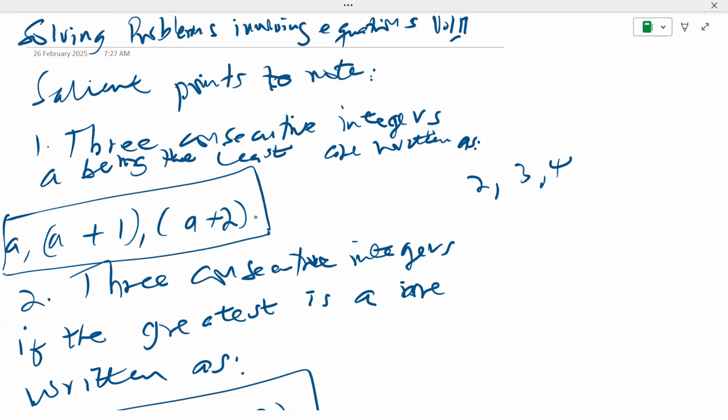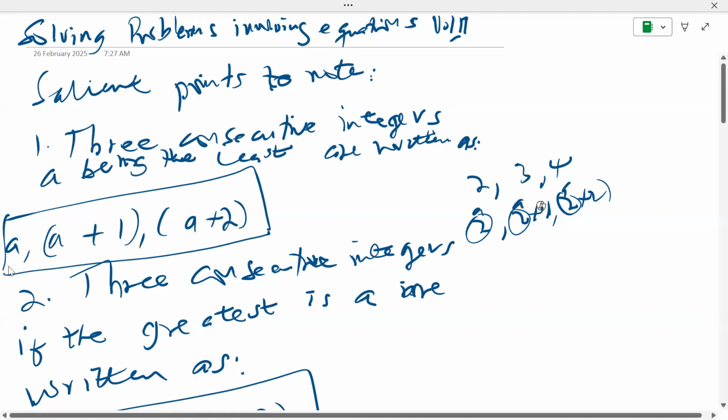So I have 2, then 2 plus 1, and then 2 plus 2. The constant number here is my 2, and I kept on adding 1 and 2. In place of the 2, I put A there, and so we have A, then A plus 1, A plus 2.